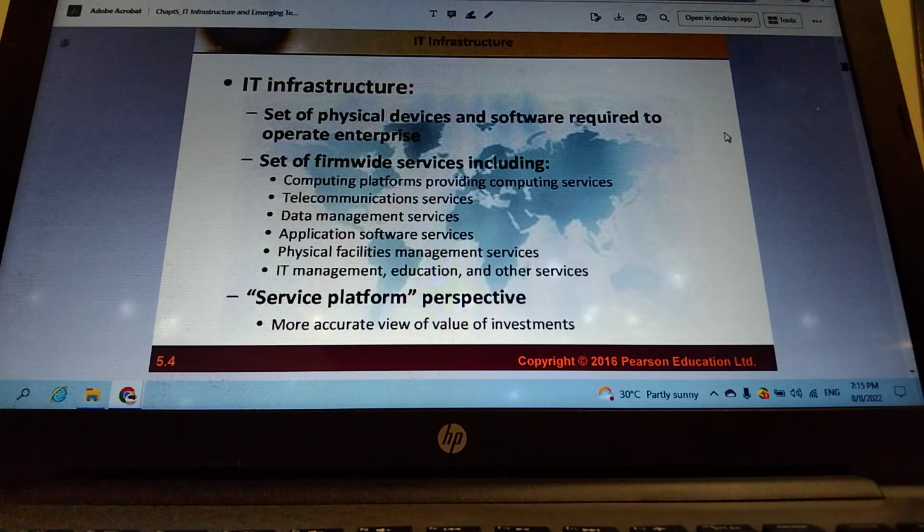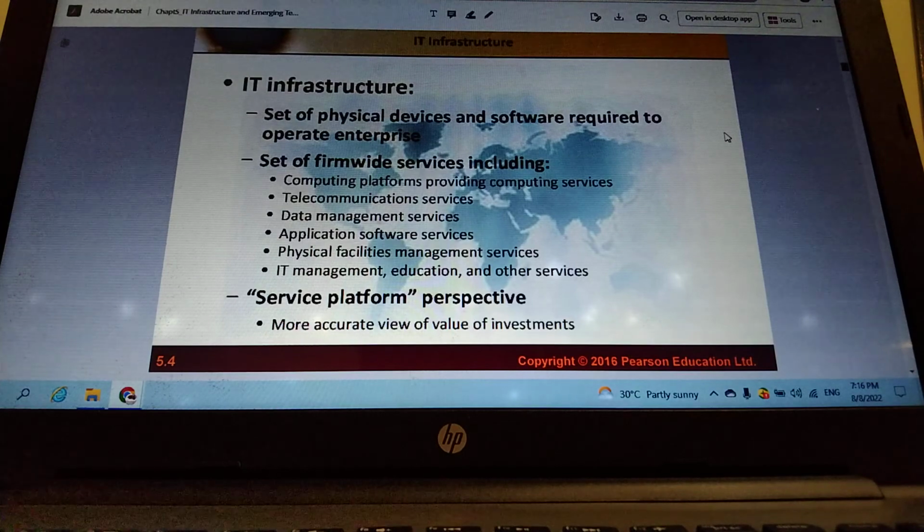So this is a very high level, very general definition of what IT infrastructure is. A set of physical devices and software. So there are two elements here, physical devices and software required to operate any business or enterprise.